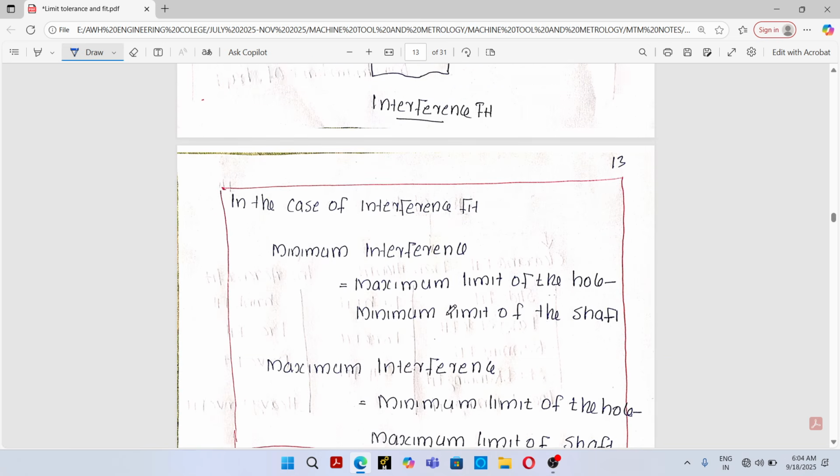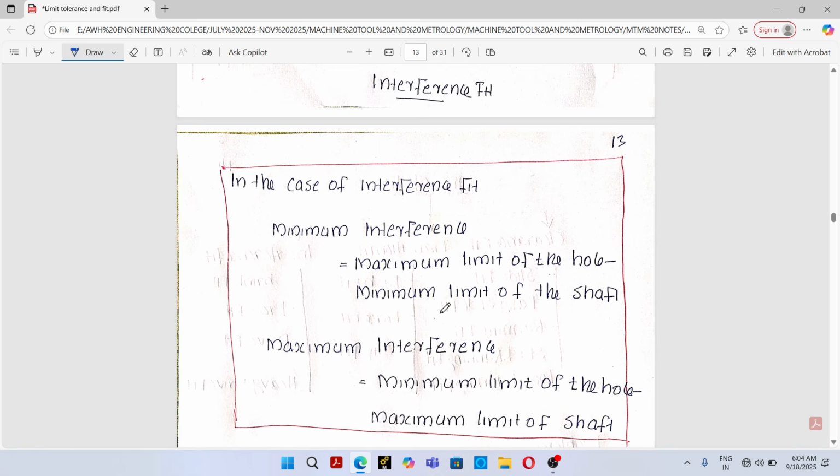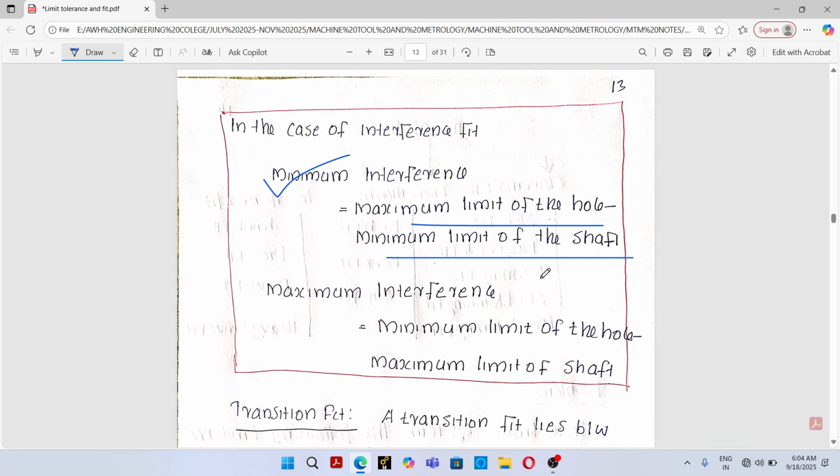So here, in the case of interference fit, minimum interference is equal to maximum limit of hole minus minimum limit of shaft. That is known as minimum interference. Then maximum interference is equal to minimum limit of hole minus maximum limit of shaft.